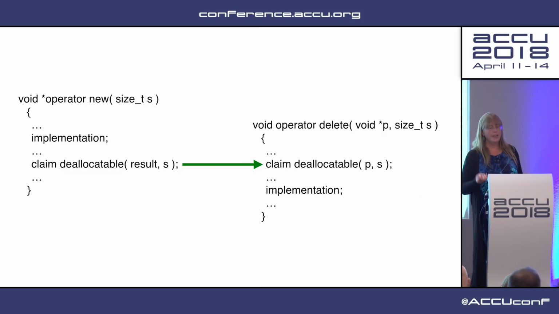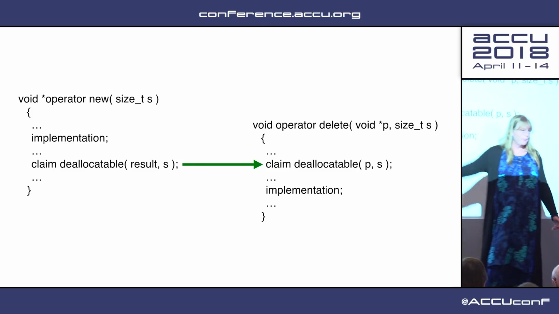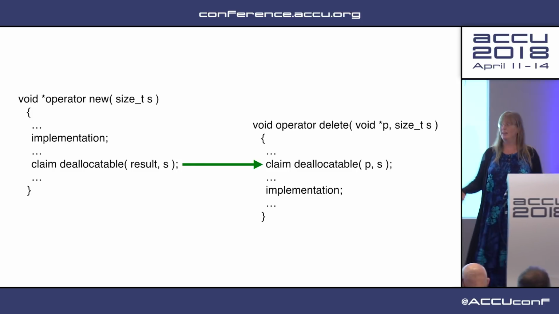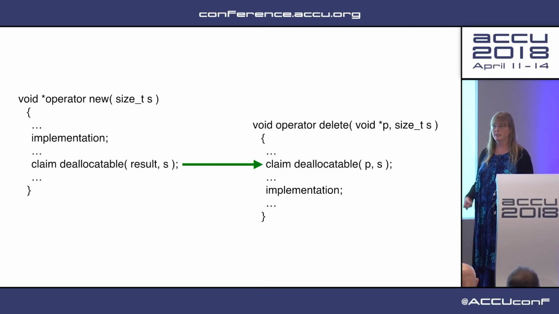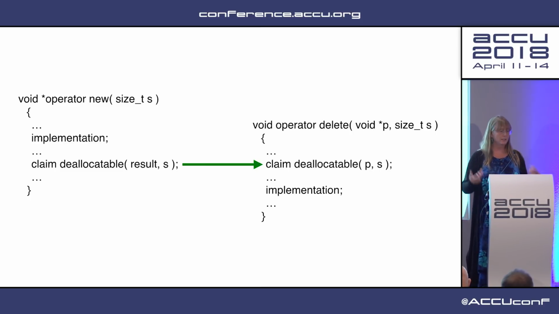Deallocatable is the capability that tells us how operator new connects to operator delete. In the epilogue of operator new, there is an assertion of deallocatability. It tells us this thing that I'm returning is deallocatable. In the prologue of operator delete, there's an assertion of deallocatability which says this thing that you're giving me has to be deallocatable.